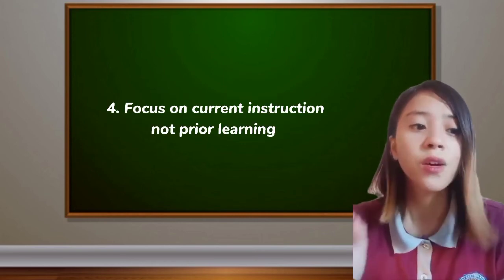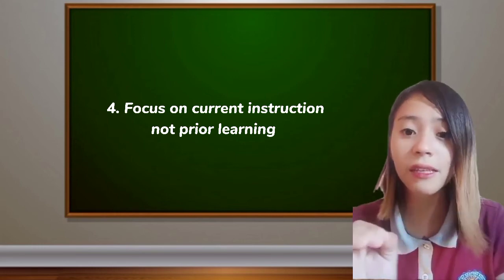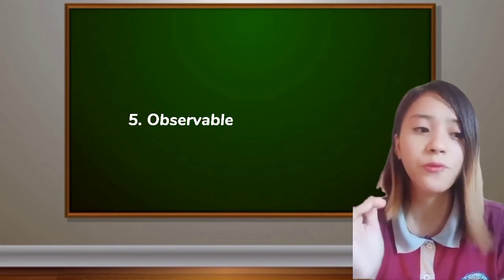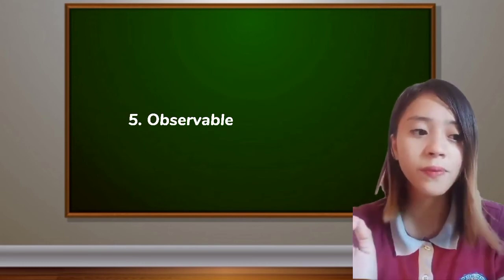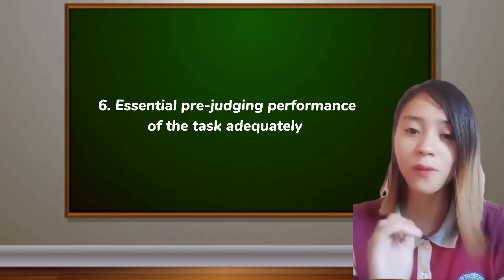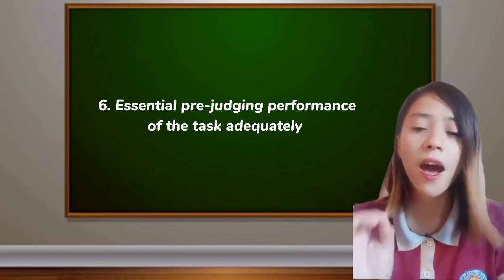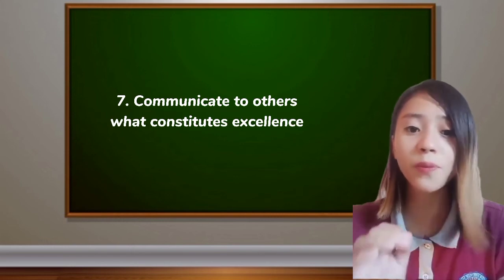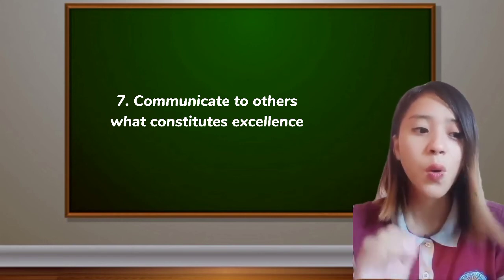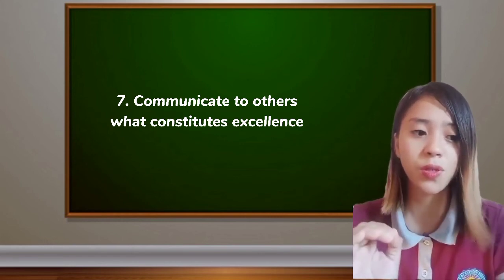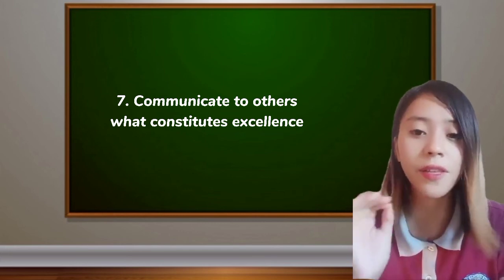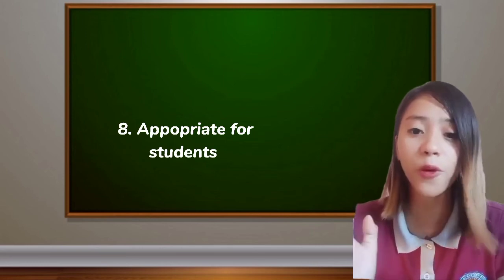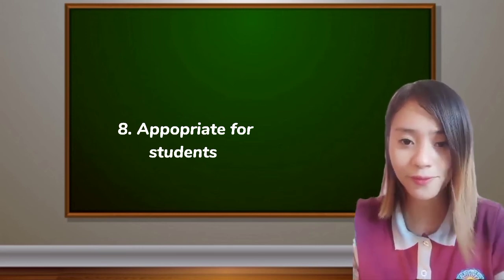Fourth, focus on current instruction, not prior learning. Fifth, observable. Sixth, essential for judging performance of the task adequately. Seventh, communicate to others what constitutes excellence. And the last one is appropriate for the students.